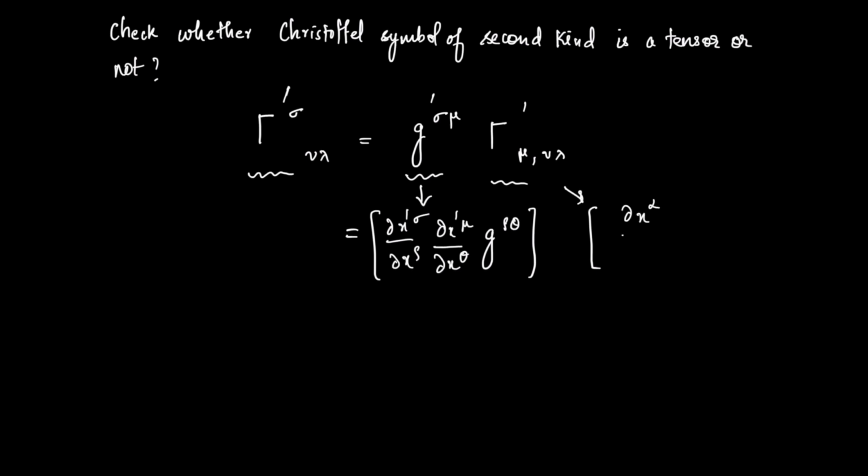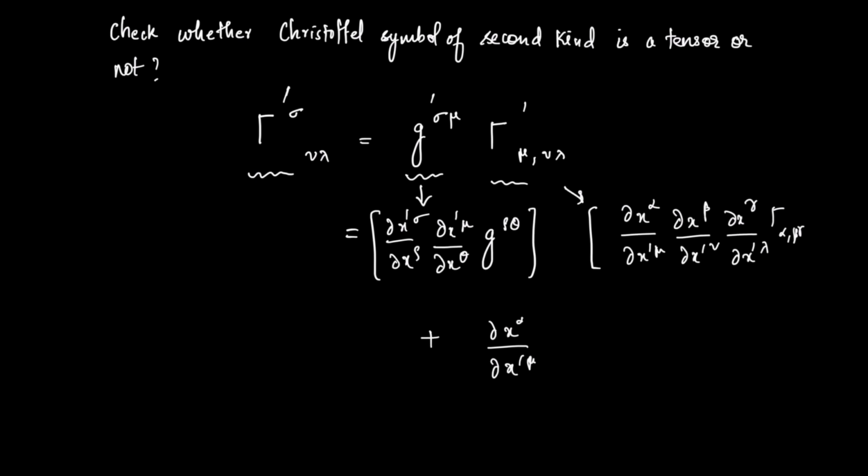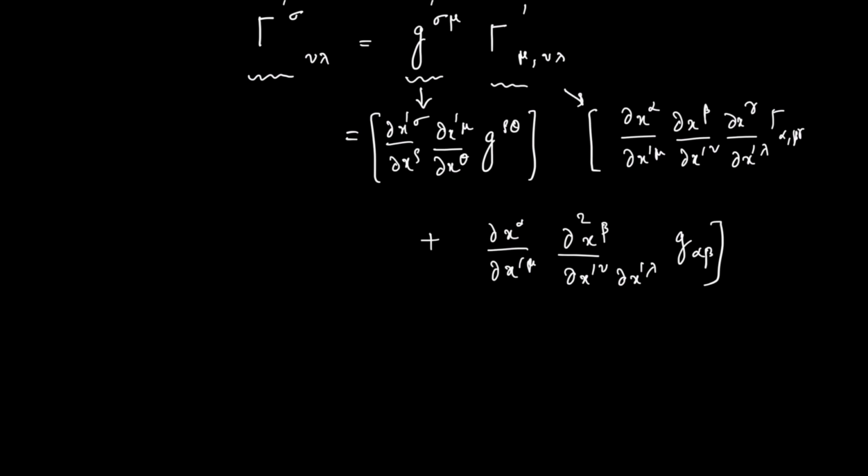The first term will be partial derivative of x alpha with respect to x prime mu, x beta with respect to x prime nu, and partial derivative of x gamma with respect to x prime lambda, times the Christoffel symbol alpha beta gamma, plus partial derivative of x alpha with respect to x prime mu, second derivative of x beta with respect to x prime nu, x prime lambda, g alpha beta. Okay, so now I have written the transformation.